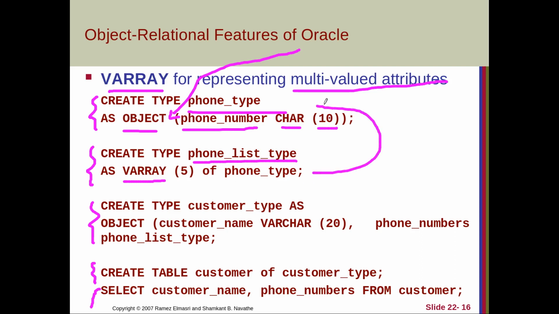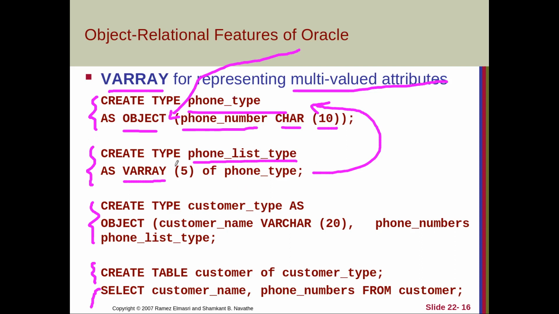That means with font type features, I will be creating a new type with 5 font types. That means 5 font numbers can be included within this font list type, which follows the font type. That's all. A new type is being created as a V-array of font type.